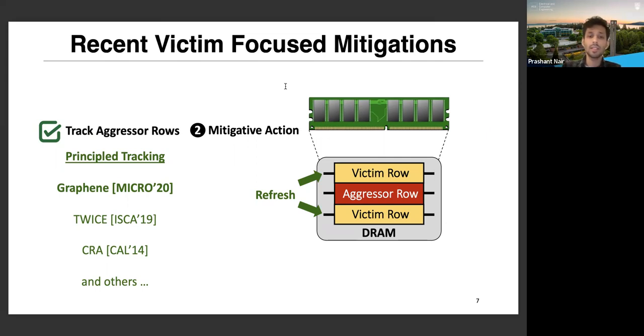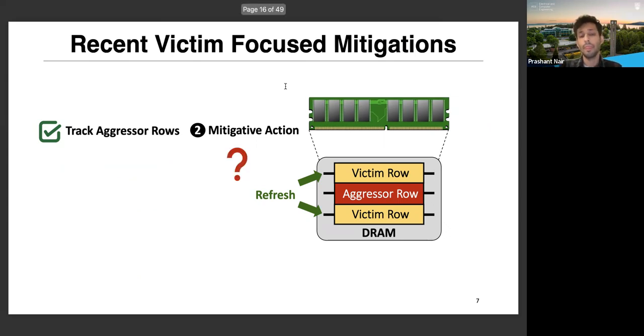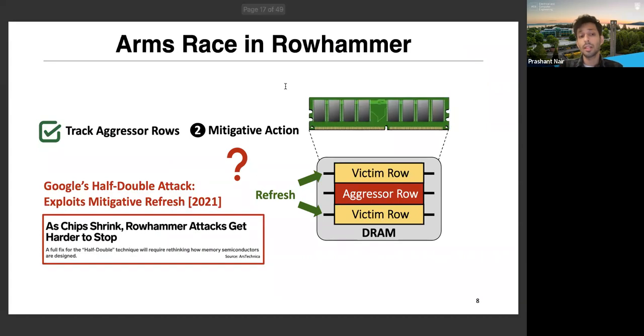Given the trackers are fixed, the next point of issue is the mitigative action. In fact, a few months ago, Google demonstrated the Half-Double attack that uses this mitigative action to stage an attack. So we know that once the aggressor row attacks victim rows, those victim rows are issued mitigative refreshes.